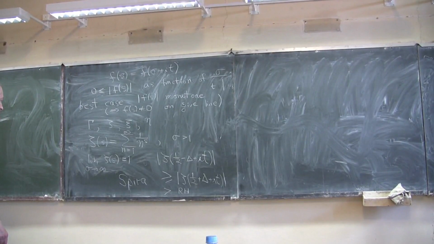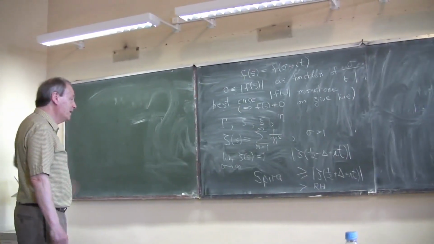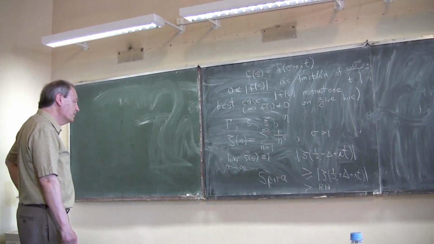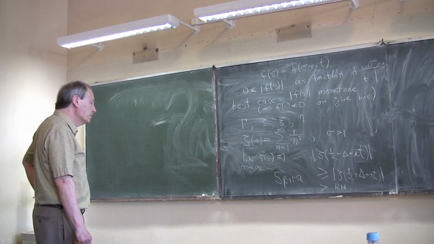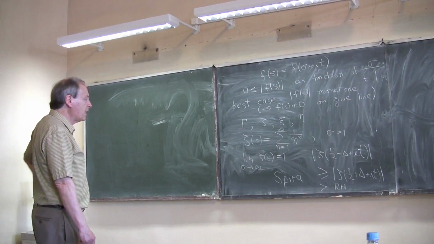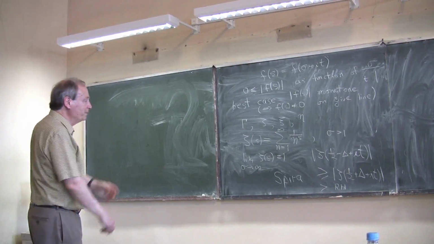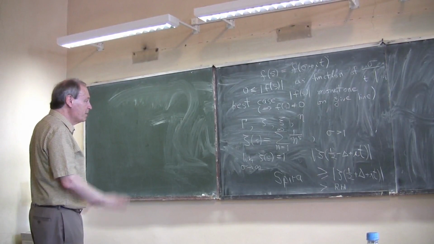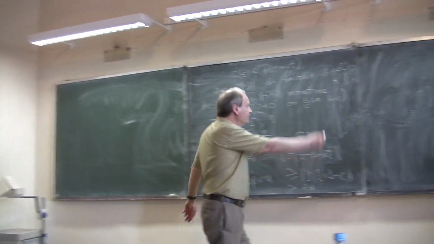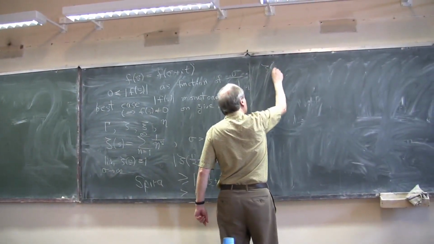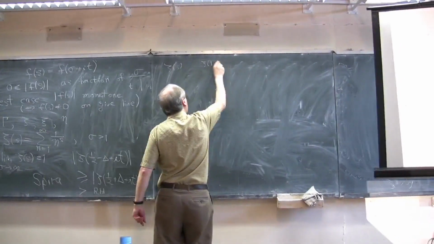So let me see if I remember. There's something called the functional equation of the Riemann zeta function, which relates zeta of s to zeta of 1 minus s.